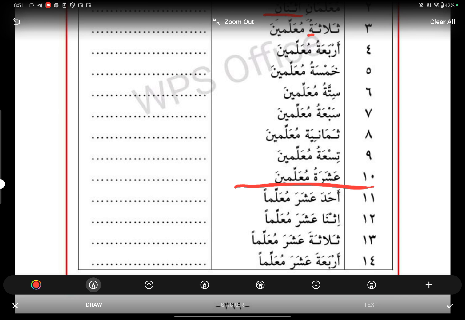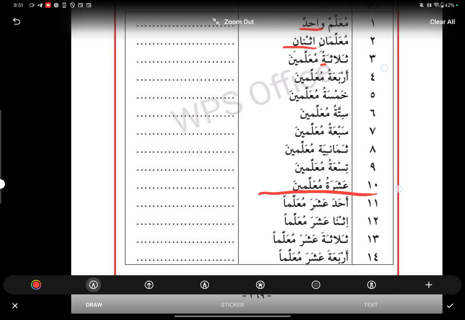Okay, so we have here معلمان 11, معلمان 12, right? And it stays like that, right? So you only use plural جمع from 3 to 10. After that, it remains in a singular form.